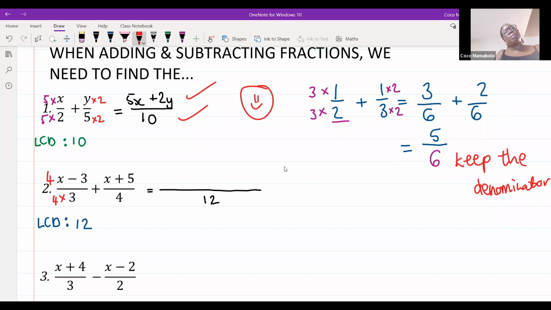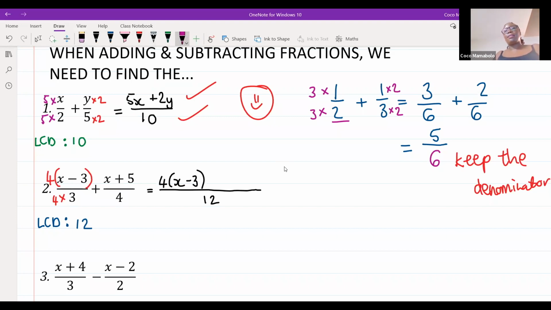Am I just going to multiply this 4 times x? No, I don't think so. What do I need to multiply it by? By the whole thing, right? Yes. So that whole thing is multiplied by 4, right? So I'm going to go 4 multiplied by x minus 3.